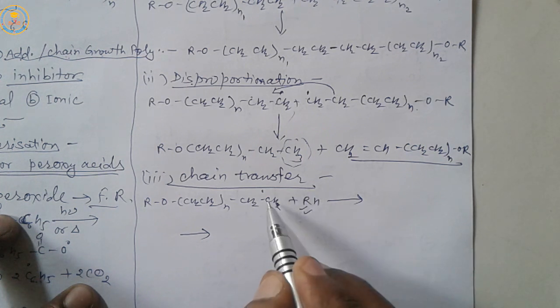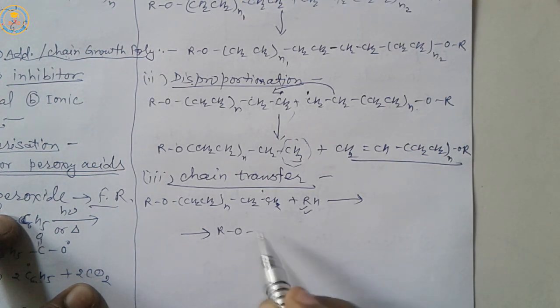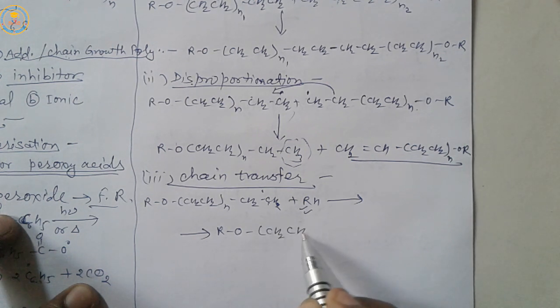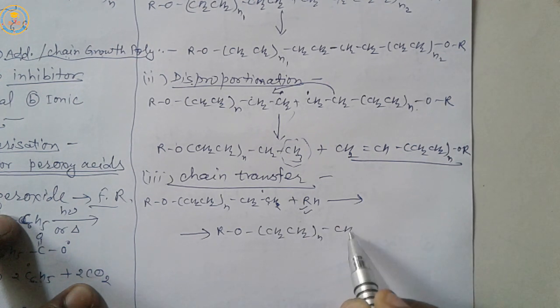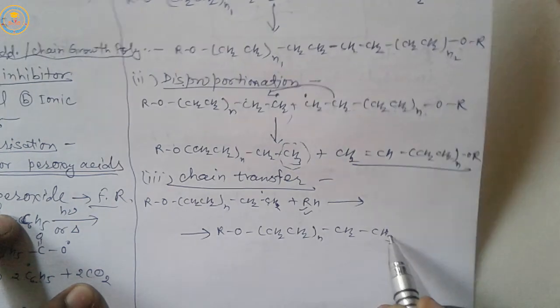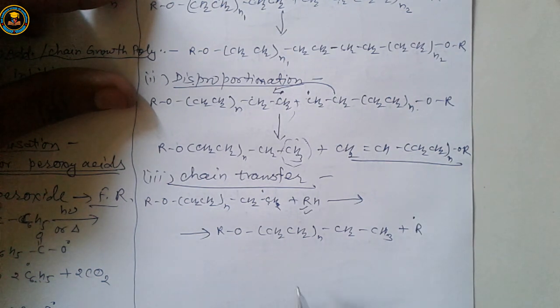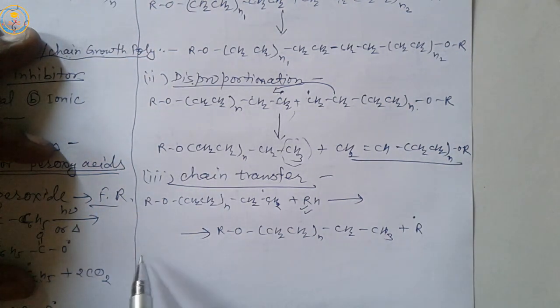A proton is transferred to the carbon, then the CH2 or methylene group is converted into a methyl group. So it is a chain transfer step.